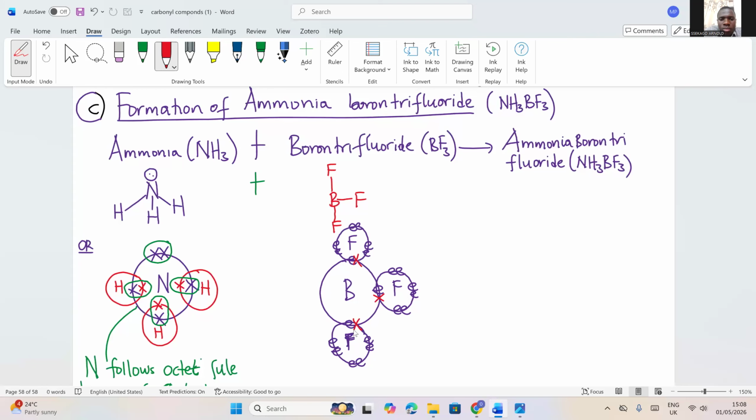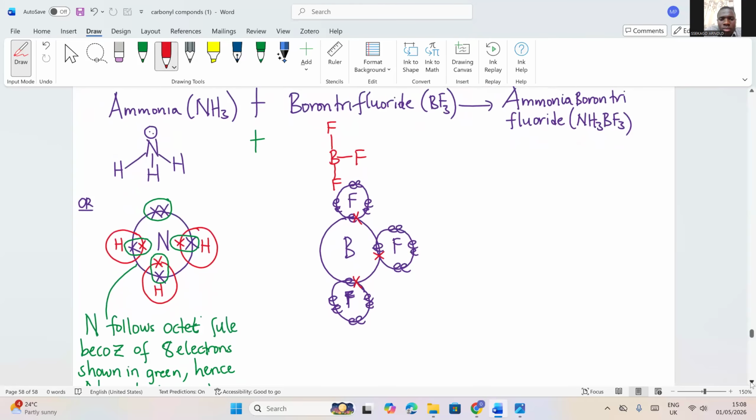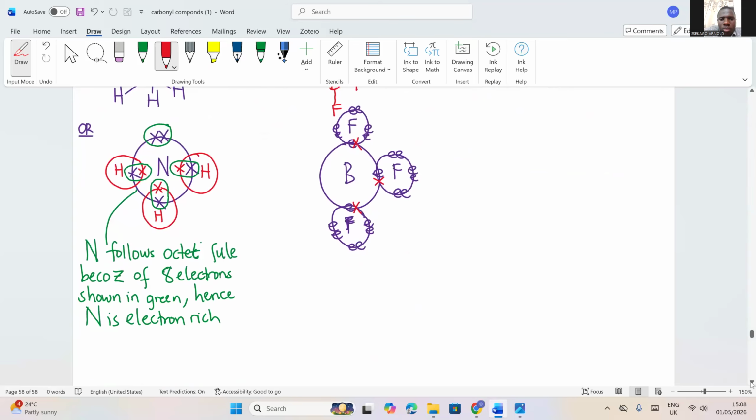Now, what do you observe? Observe the B in the middle. B has how many? I use the color green. Observe this.